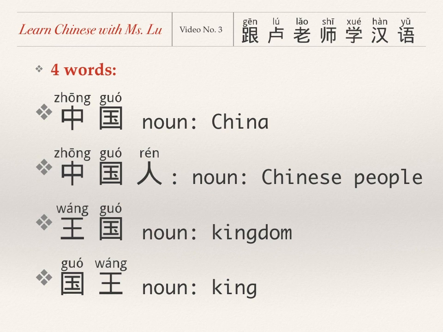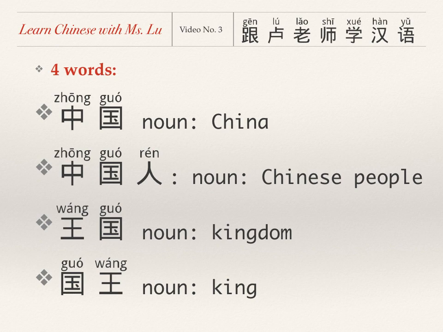The second one is 中国人. 中国, we just learned, is China. 人 means people, person. Together, 中国人 is a noun, meaning Chinese people.